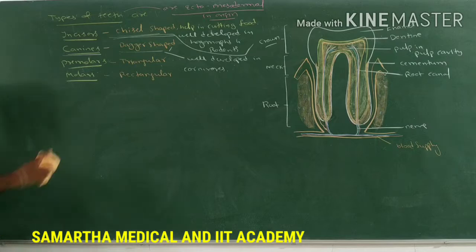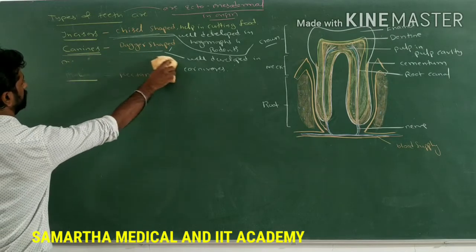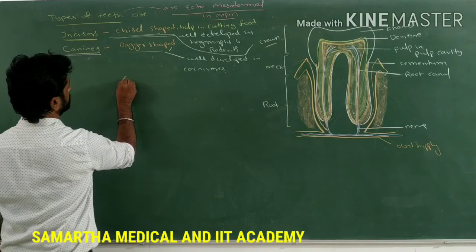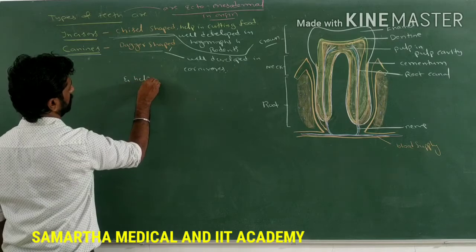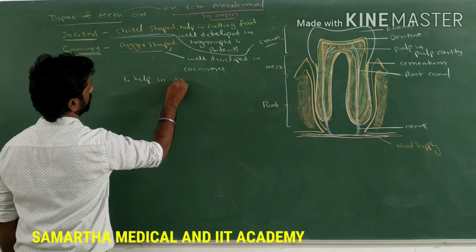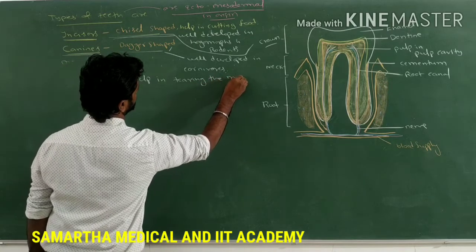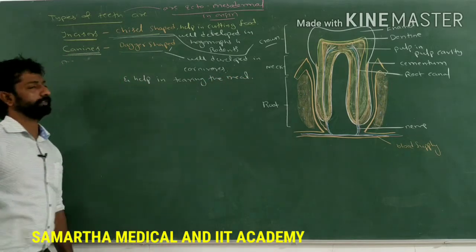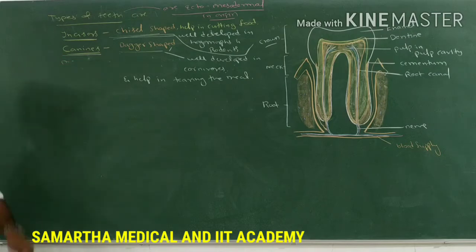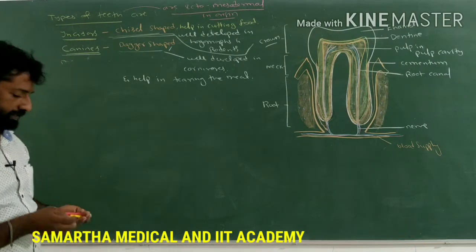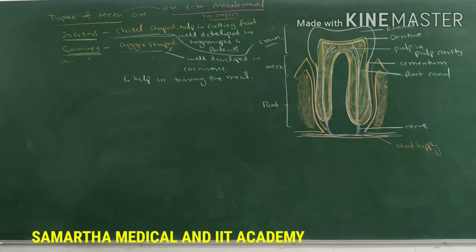They help in tearing the meat. That is the function of these dagger shaped teeth, which are called canines. So they are well developed in carnivorous animals.